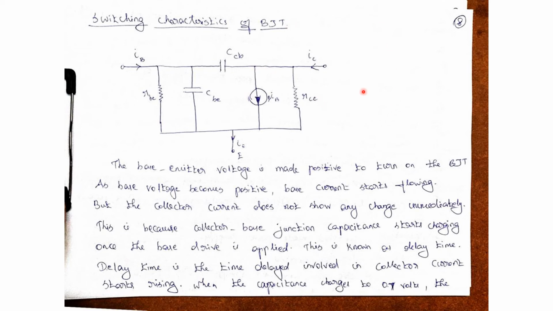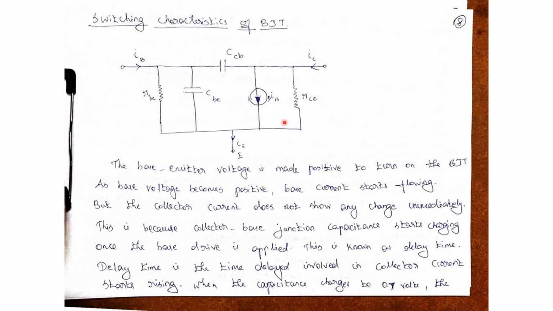What will happen here is that when the base emitter drive is applied, I mean when the base emitter junction is forward biased, the base current starts flowing. But the collector current should not respond immediately. What is the reason for this?